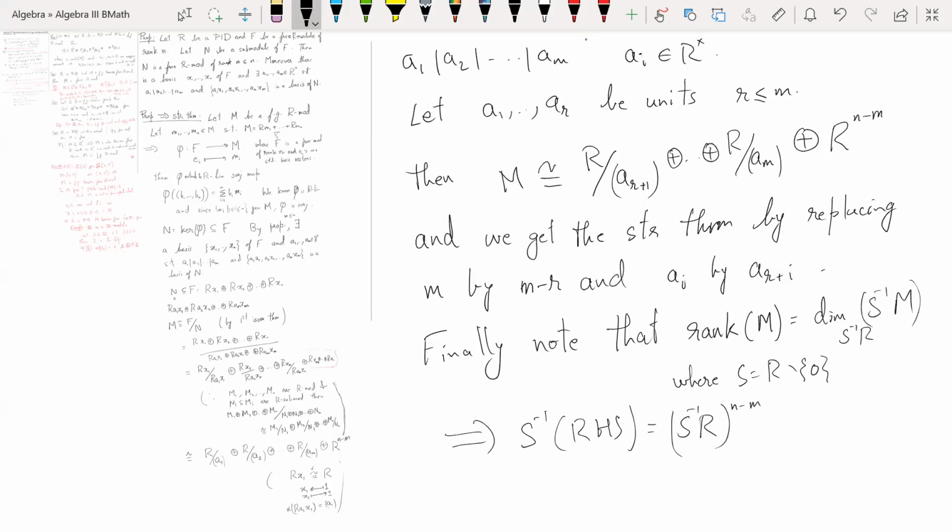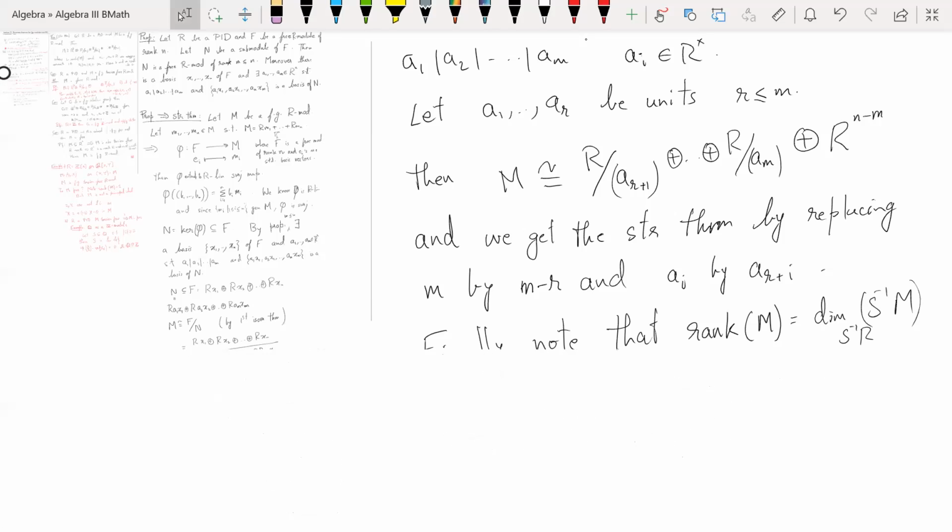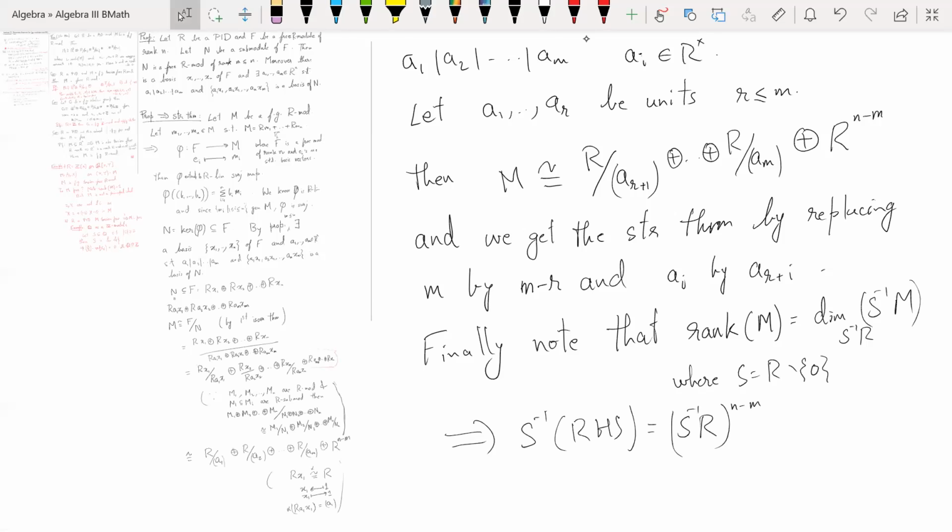So the first M minus R factors consist of the torsion part of M. So if you localize, that will go away to 0. Remember, localizing this is the same as doing it on each factor. So you get only this one.